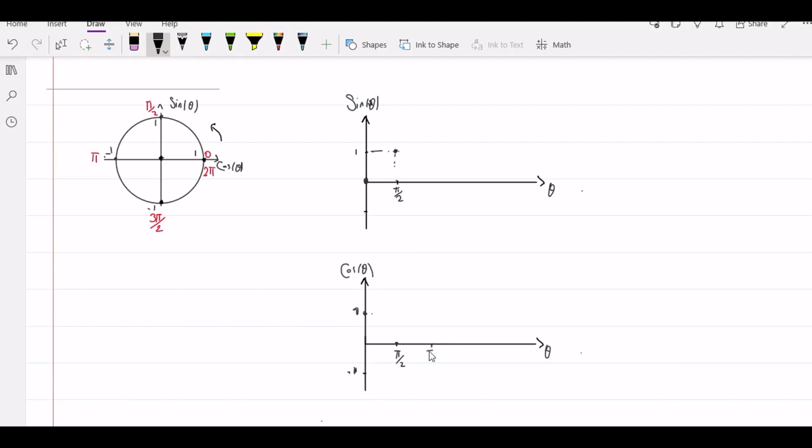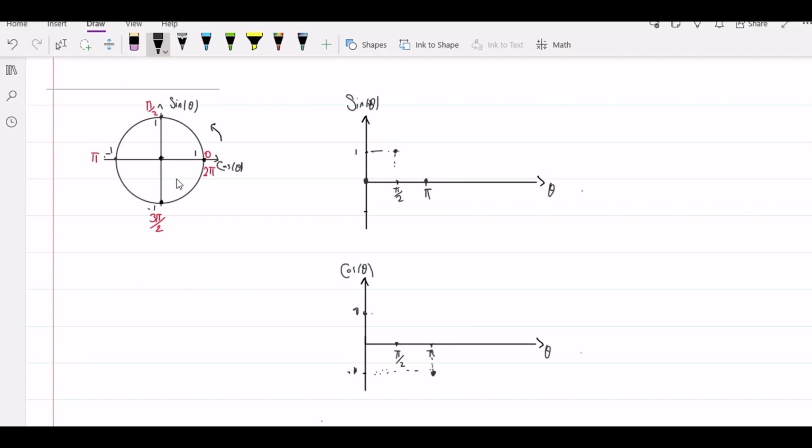We're going to move to pi. When theta is equal to pi, we have -1 in here. And for the same theta equal to pi, we have sine equal to 0, as you see in here.